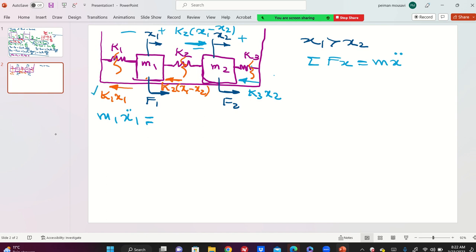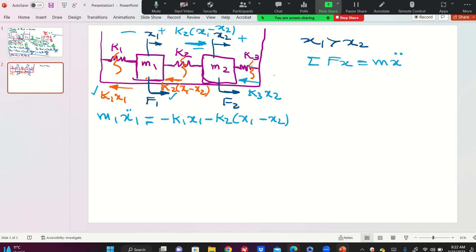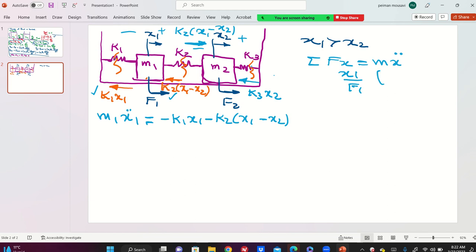So this is going to be negative force minus k1 x1, negative force minus k2 (x1 minus x2). What I want to calculate is x1 over f1 and x2 over f2 as a closed transfer function. And this external force is in the positive way, plus f1. Equation number 1.